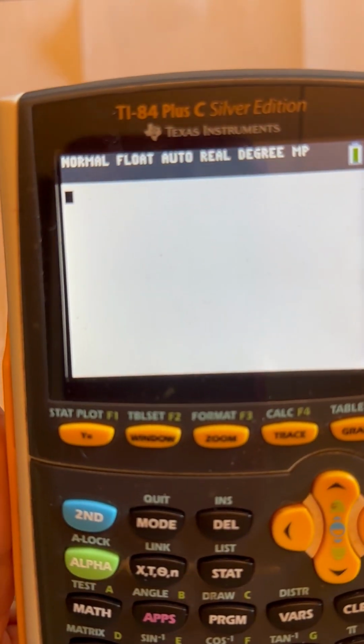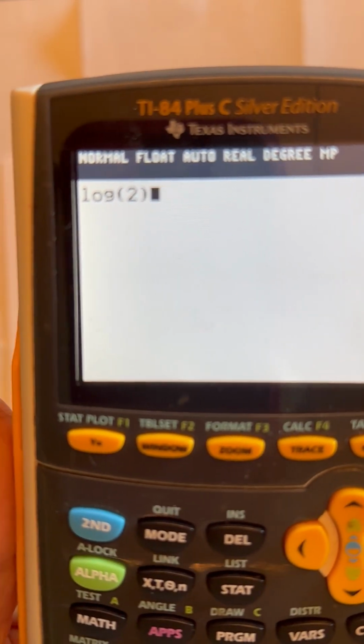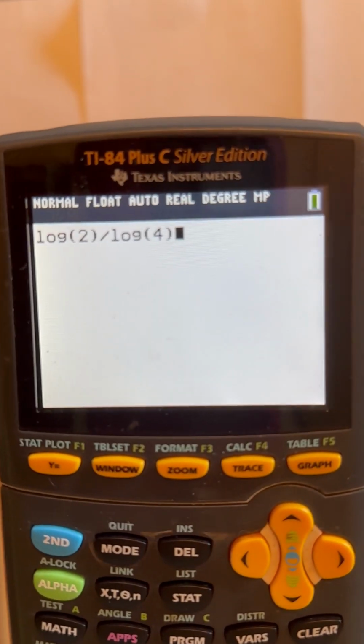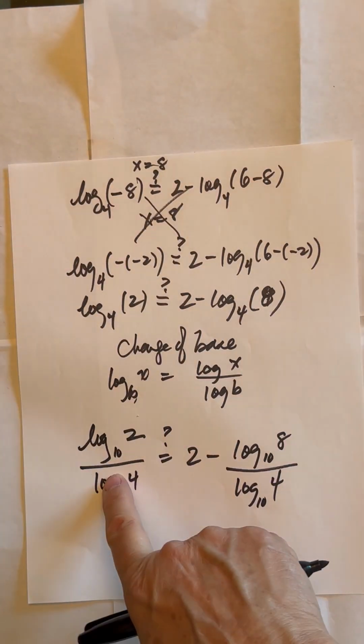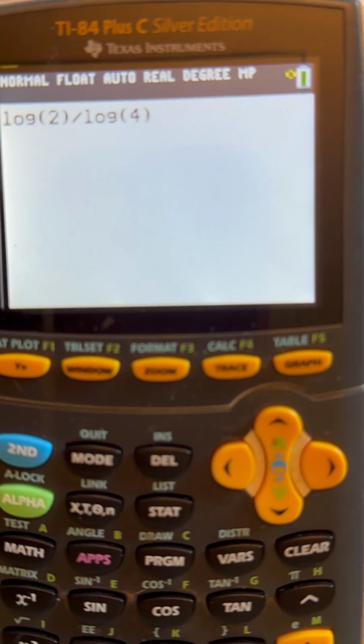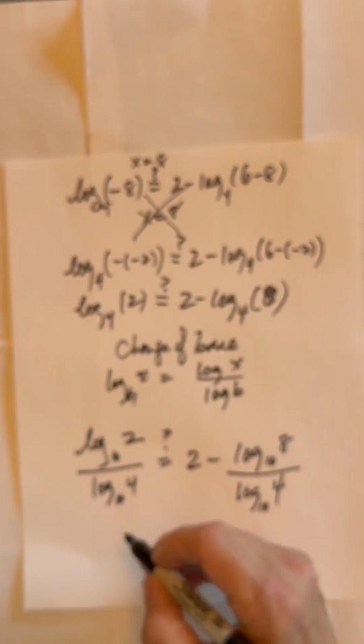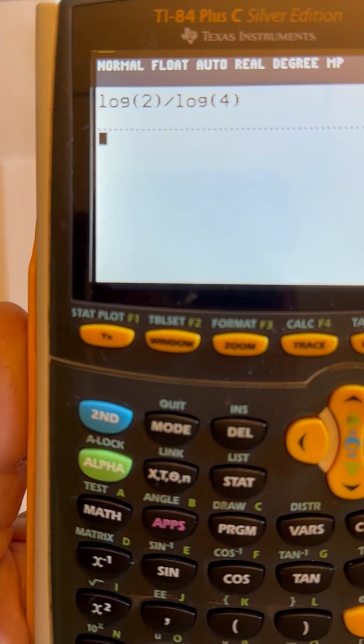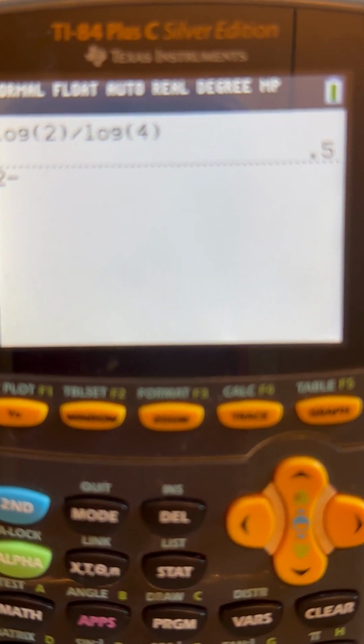All right, log 2 divided by log 4. That's this part right here. What's that equal? 0.5. So 0.5, does that also equal 0.5 here? So now 2 minus log 8 divided by log 4.